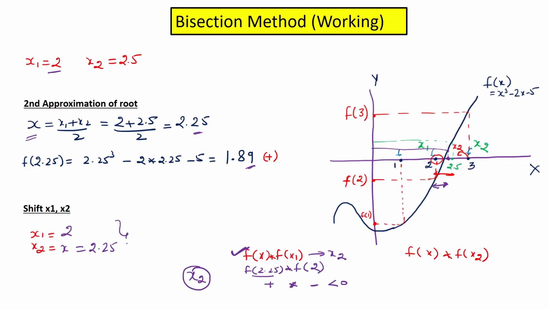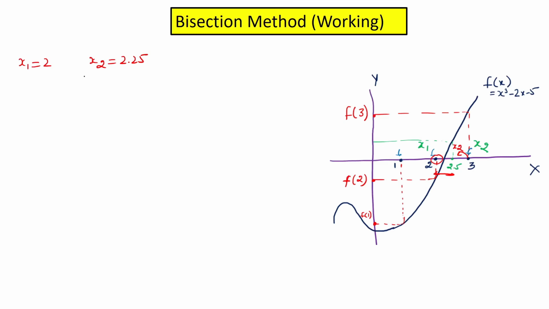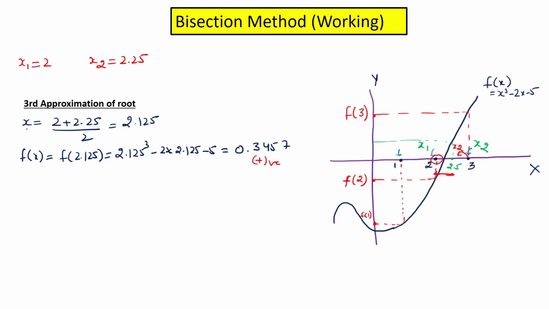Now I will take this new value for the third iteration. These are my new x1 and x2, and I will do this process for the bisection method for 4 iterations only, and after that I will tell you all the values that we can get if we move to further iterations also. I calculated the value of x, and if I put this into the function, I got a positive value. Now I will change x1 and x2.